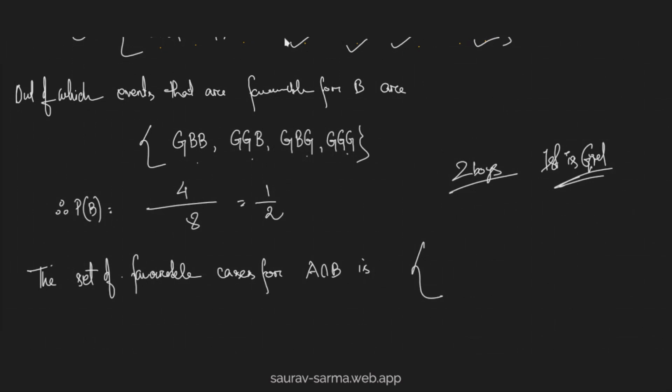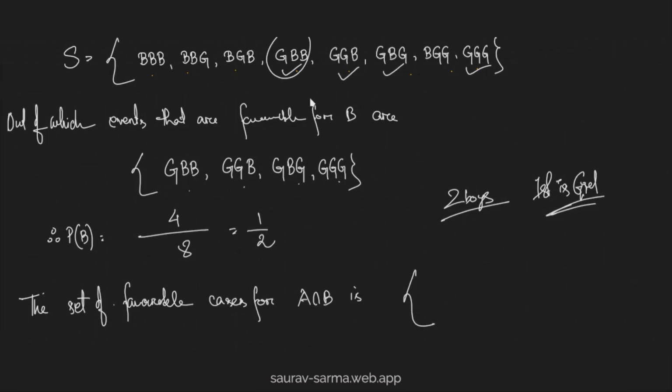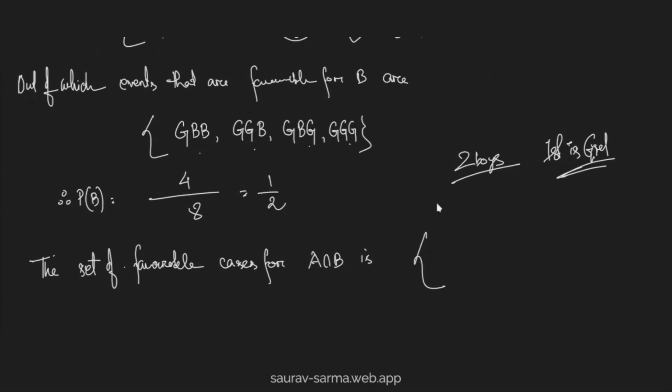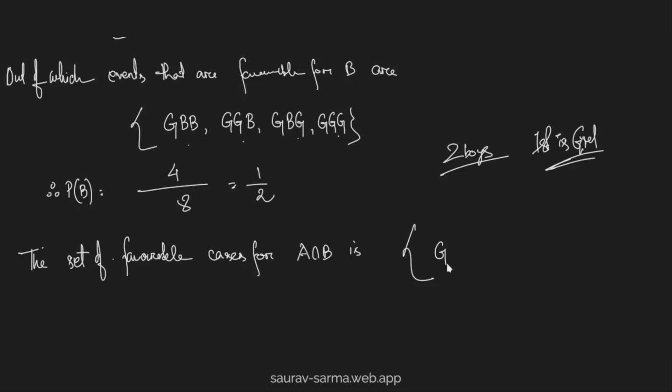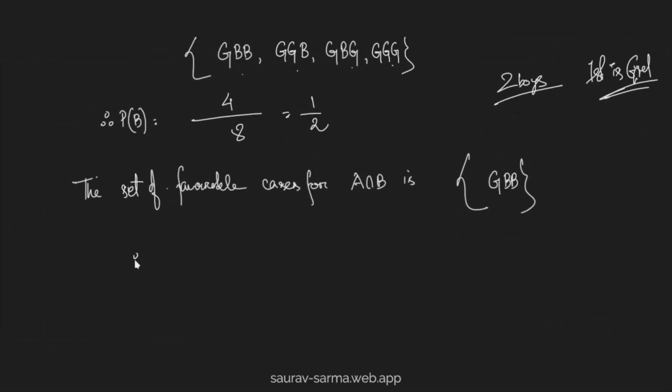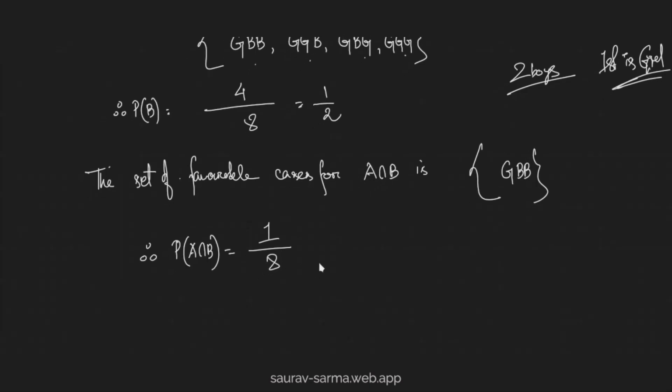So that is your one, first girl boy boy, and is there anyone else? No, right? Aru beleg nai. So the set of favorable cases for A intersection B is G B B, that means one case. So therefore probability of A intersection B is favorable cases 1, total number of cases 8, so 1 by 8.